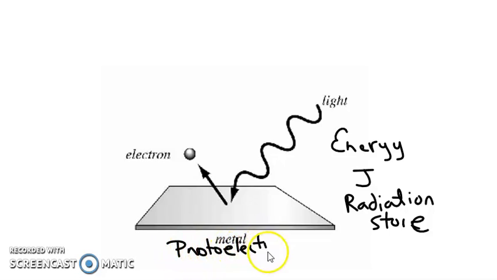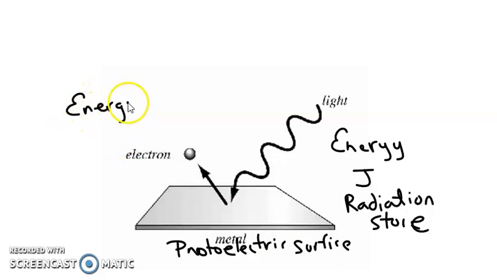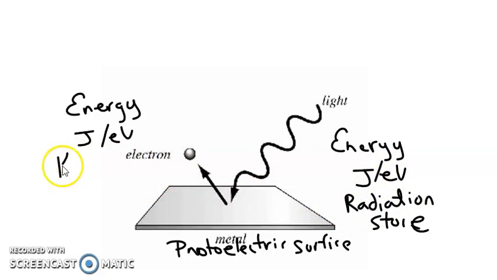And then out, you get energy in joules or electron volts, but this is going to be in a kinetic store due to the motion of the electrons. So you've got energy coming in and energy coming out, the ability to do work. However, you've got them in two different stores, similar to dollars and pounds.